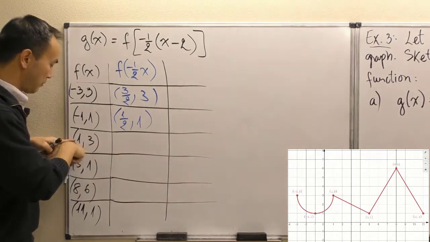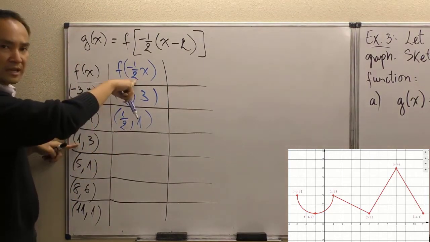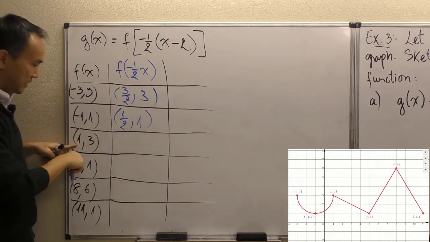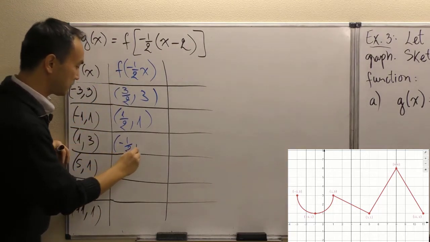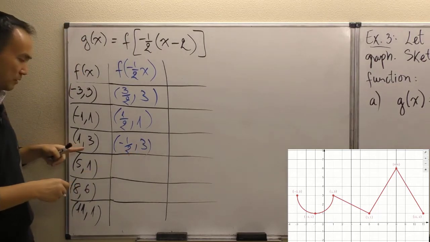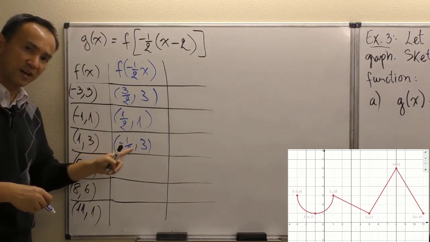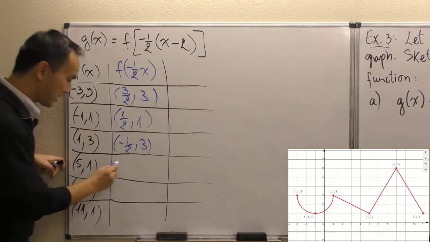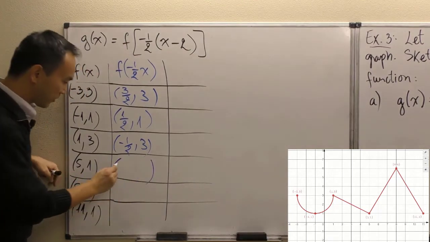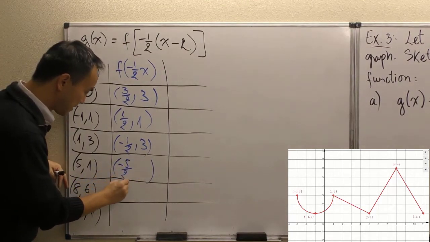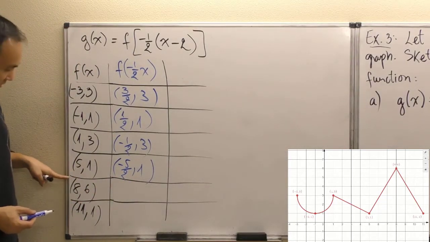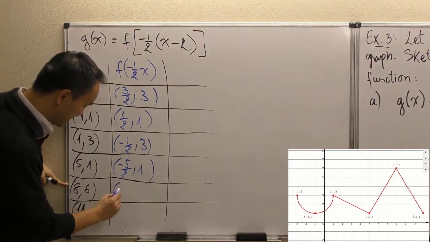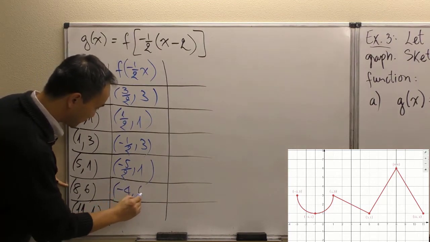Now I'm going to multiply the x value by negative 1/2. So negative 1/2 times 1 is negative 1/2, comma 3. So now that point 1 comma 3 is transformed to negative 1/2 comma 3. The next point here is transformed into negative 5/2 comma 1. And now I can start picking up the pace a little bit. And then this one here is going to give me negative 4 comma 6.